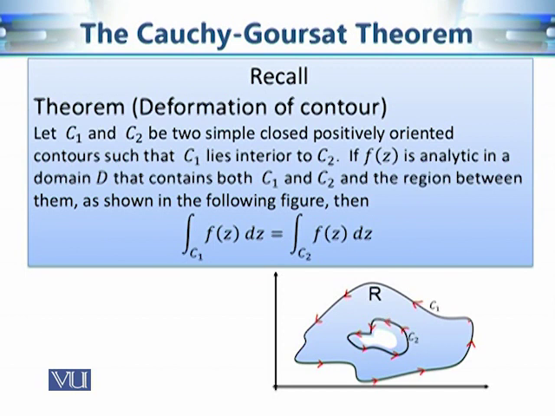If we have a domain D and two curves C1 and C2 which are simple, closed and positively oriented, and if f of z is analytic in a domain D that contains both C1 and C2 and the region between them, then over here you can see the domain D. It is analytic inside this blue shaded region, and the blue shaded region contains C1 and C2 and every other point between C1 and C2. If these conditions hold, then the contour integral along C1 is equal to the contour integral along C2.